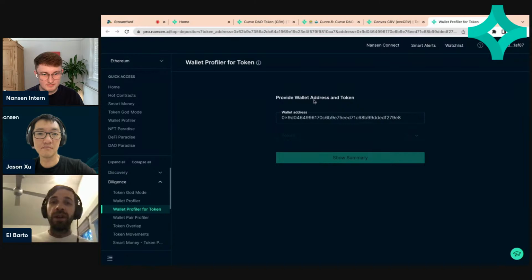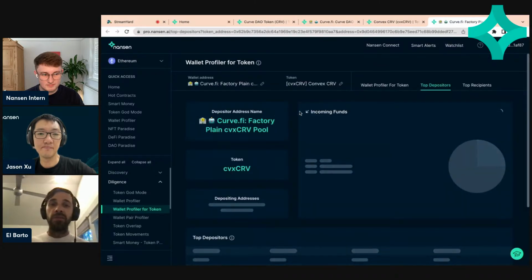Likewise, if you truly want to understand how the blockchain works and how all these things come together, you can go through Nansen and see who's depositing here, and when this gets deposited into this contract, what you get back. It takes a while, and I don't know if it's actually useful.